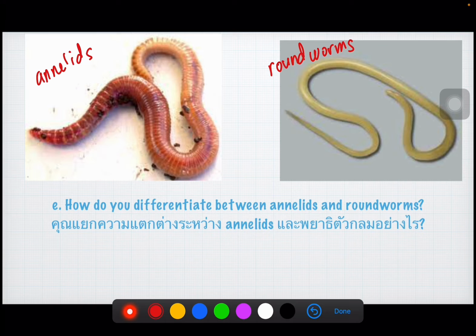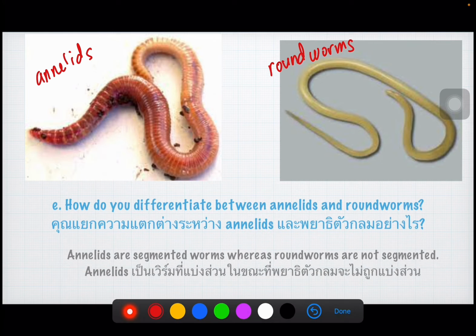The answer: annelids are segmented worms, whereas roundworms are not segmented. What do we mean by segmented? Segmented worms are those worms that have segments.